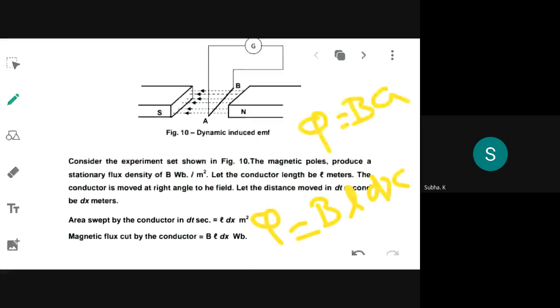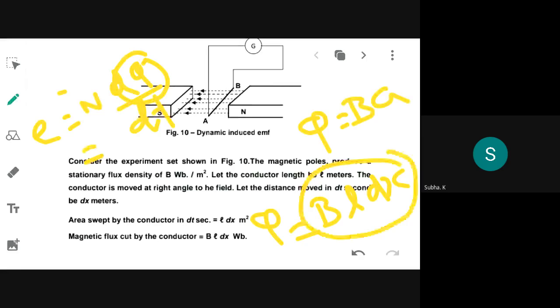Now we are going to derive the formula for E. As per Faraday's law of electromagnetic induction, E equals minus N d phi by dt. In place of phi, you substitute B L dx.